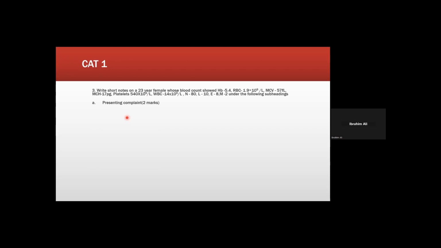Now, before we go, I want us to interpret. Let's get someone to interpret this question. Can someone interpret for us, please, and then give us the normal range? If you say 5.4 is low, what is the range? RBC, if you say low, what is the range?